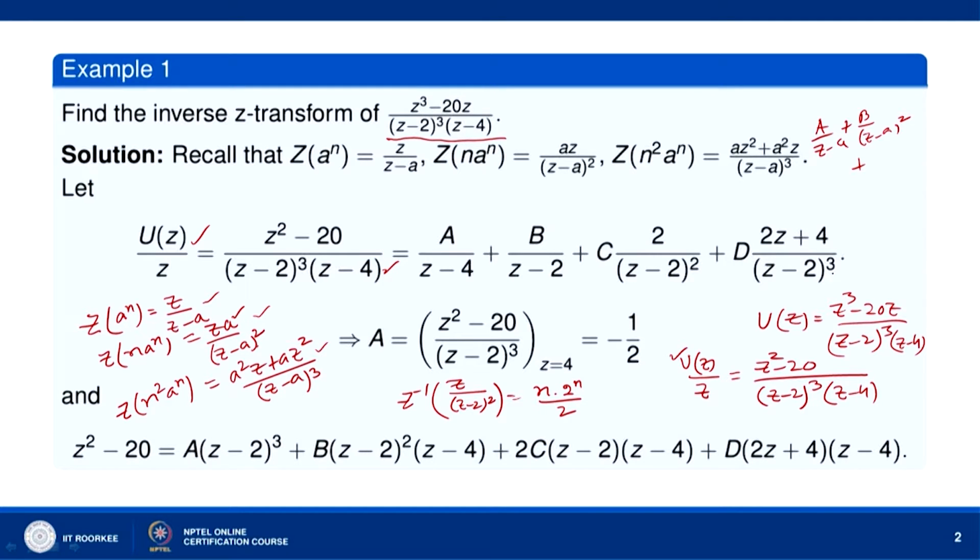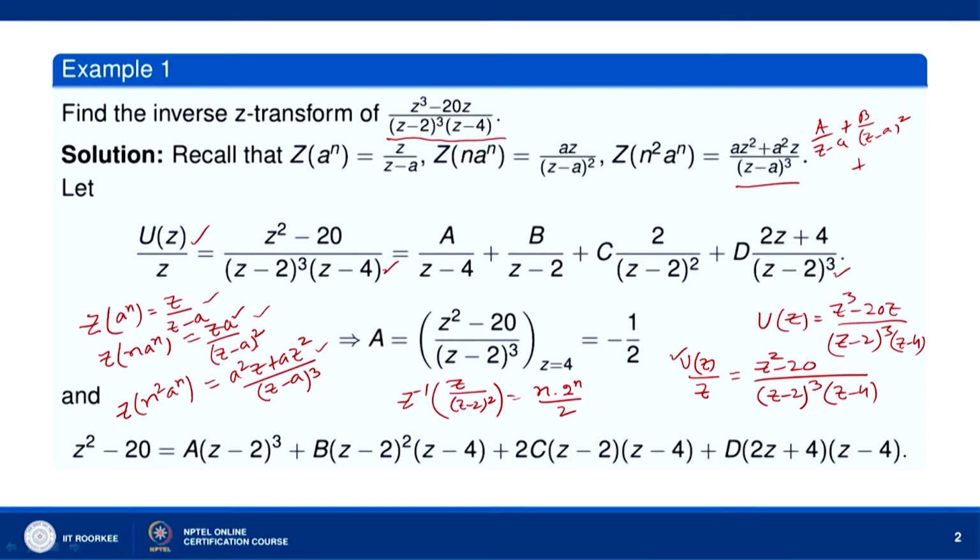Now, corresponding to this (z minus 2) whole cube, if you compare with this expression, one z we have already taken from here.